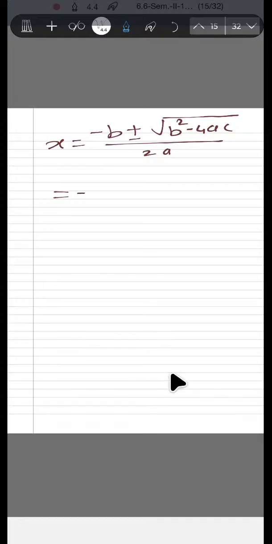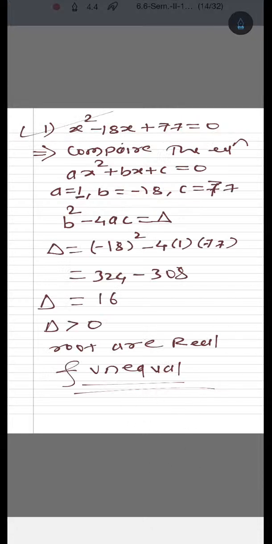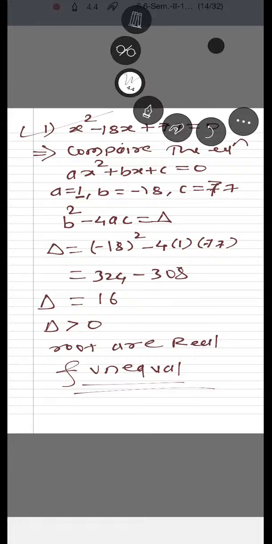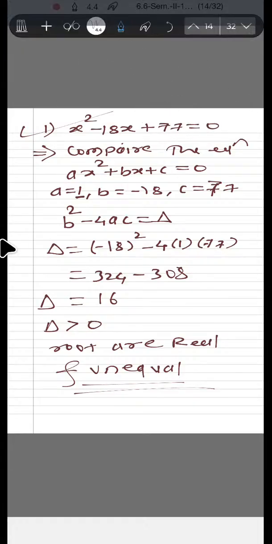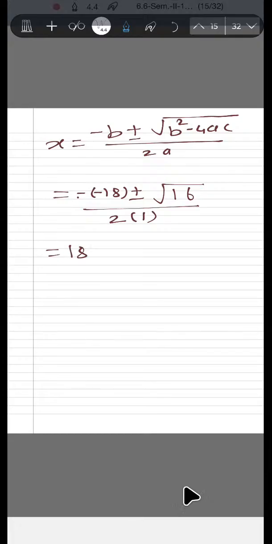So minus of minus 18 plus or minus square root of b square minus 4ac, what is that value? It says 16, upon 2 into a, which is equal to 1. Okay, so minus minus plus, so there will be 18.